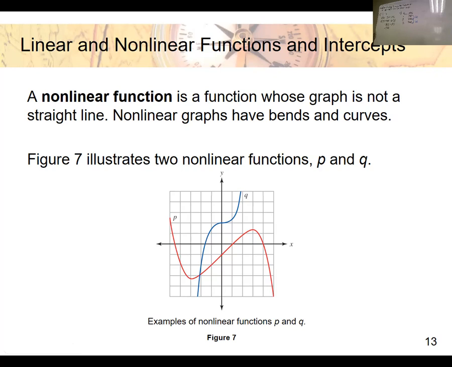It will have what they call bends and curves, like these two. Here's P in red and Q in blue. Those two are non-linear functions. And you can see that those two non-linear functions intersect at a curve.